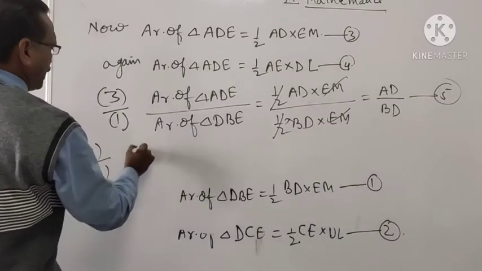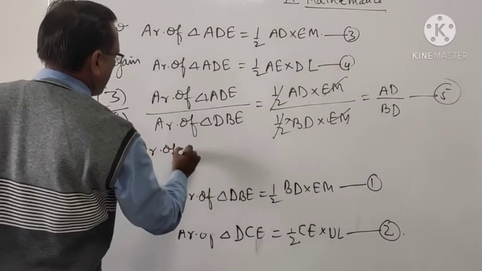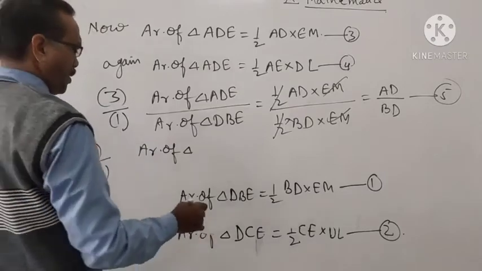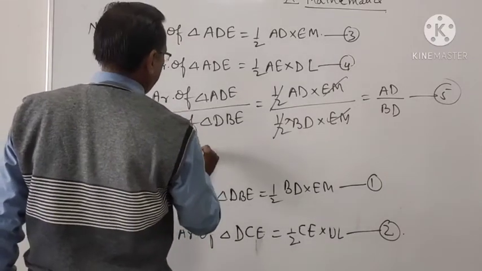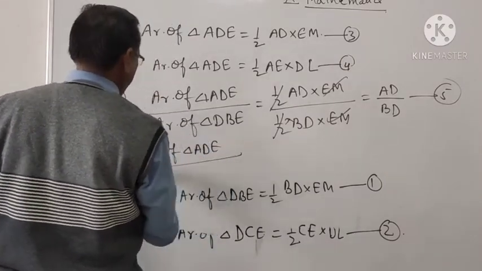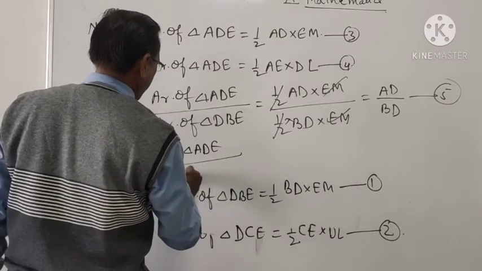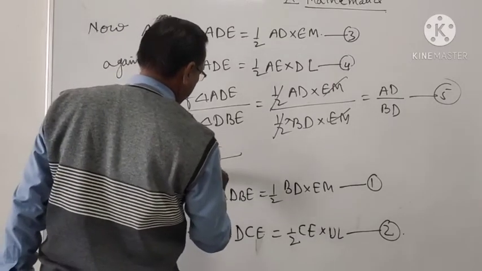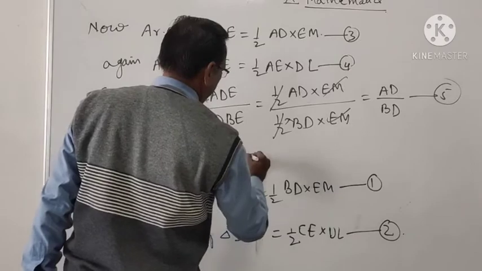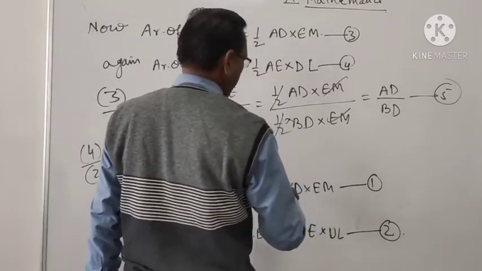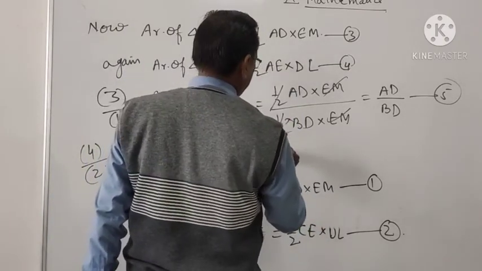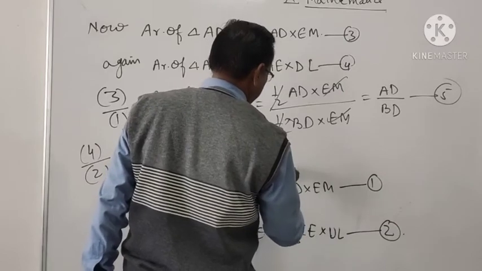Similarly, divide 4 by 2. So we get area of triangle ADE upon area of triangle DCE, which is AE upon EC.